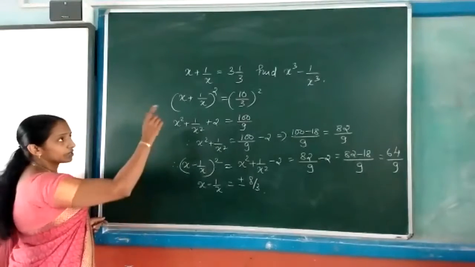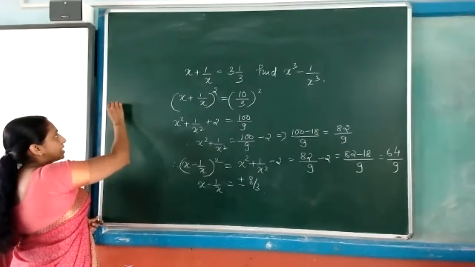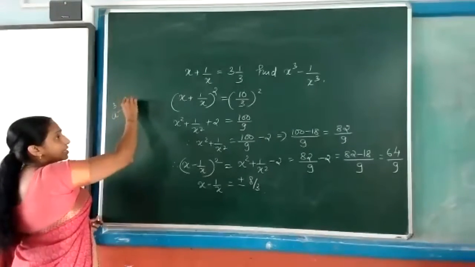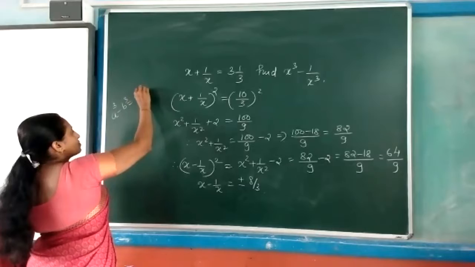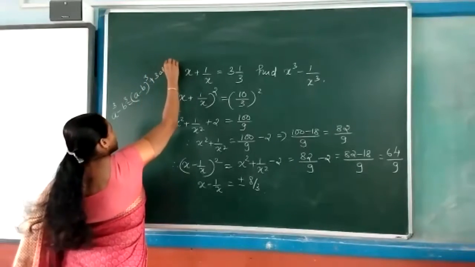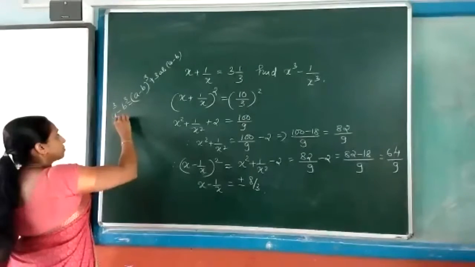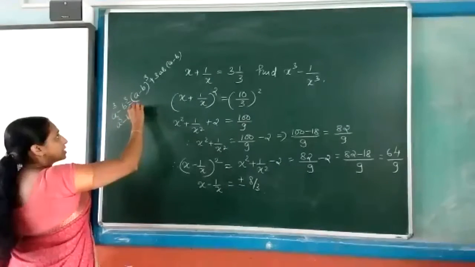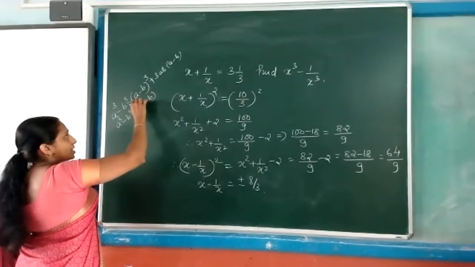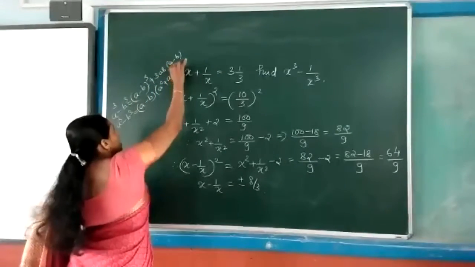Then your question is x cube minus 1 by x cube. We are having two formulas. a cube minus b cube is equal to a minus b whole cube plus 3ab into a minus b. This is one formula. Or you are having another formula: a cube minus b cube is equal to a minus b into a square plus ab plus b square.